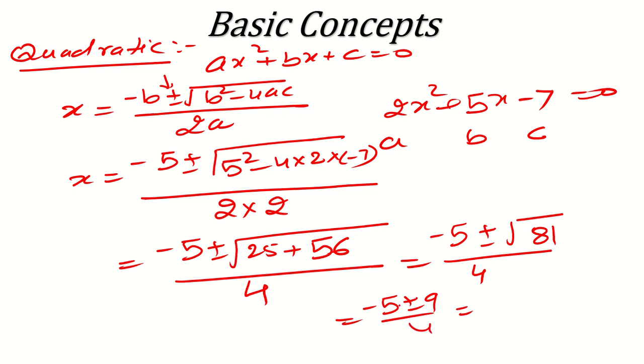So one time you will take plus: minus 5 plus 9 is 4, divided by 4 is 1. And minus 9 means minus 5 minus 9, which is minus 14. Minus 14 divided by 4 means minus 7 over 2. This is the answer. You see, by the quadratic formula how quickly we can solve the question, but make sure that you are doing the calculation correctly.